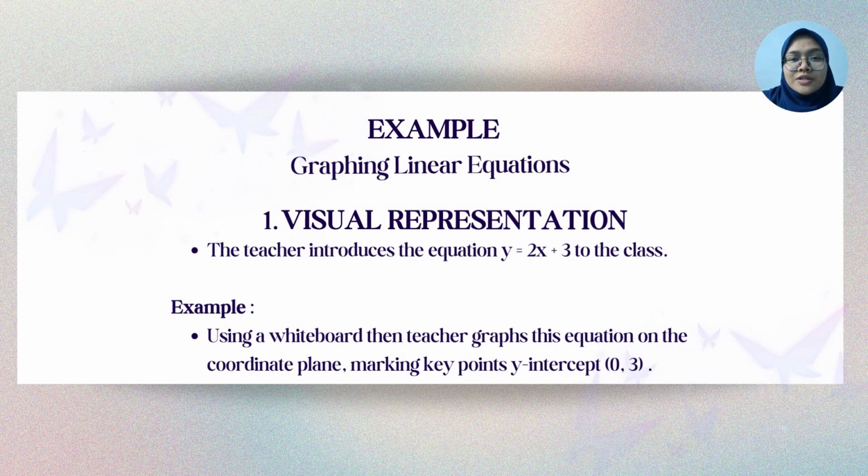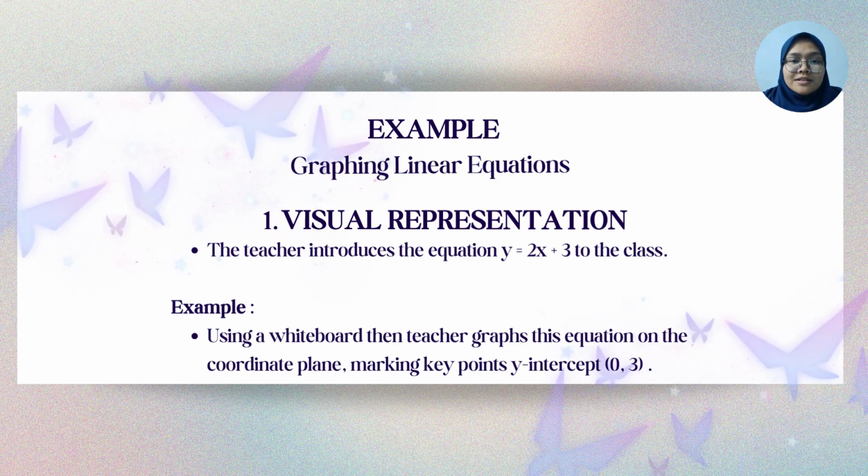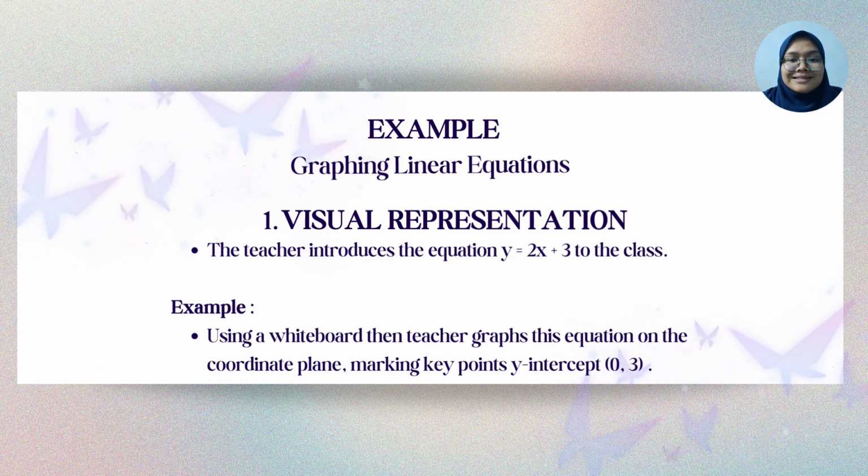The teacher introduces the equation y equals 2x plus 3 to the class. For example, using a whiteboard or interactive display, the teacher graphs this equation on the coordinate plane, marking key points such as the y-intercept at (0, 3) and using the slope to identify additional points.